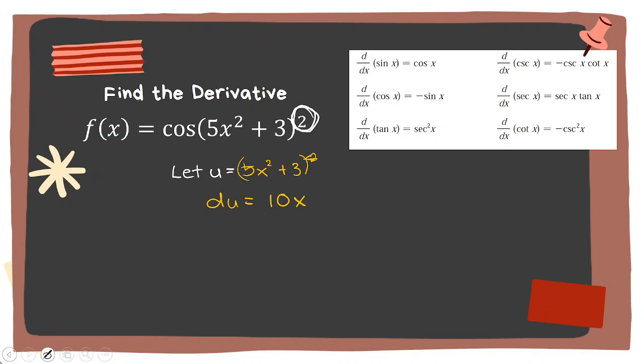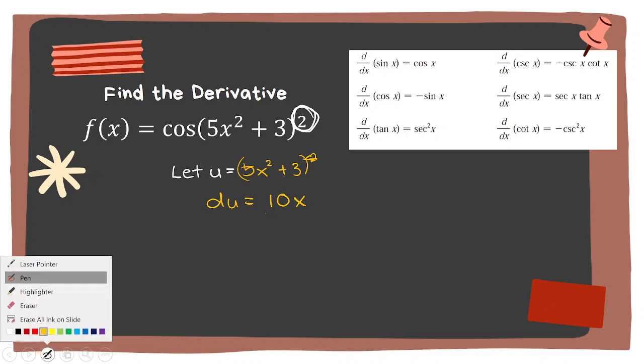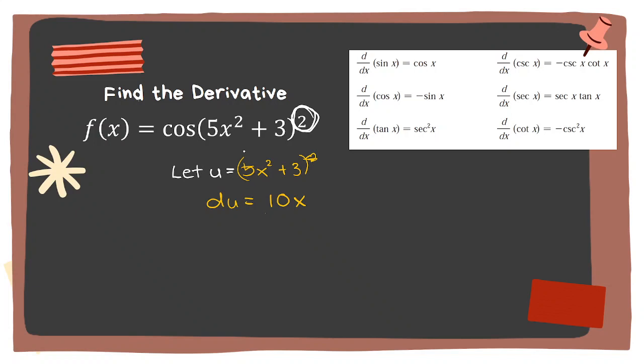Tama. Now, we try to solve. Pag linet ko si u dun sa loob ng function, anong magiging itsura ng bago kong function? So, if I try to get the derivative of my function, such that si cosine u multiplied sa, naka-square to, di ba?